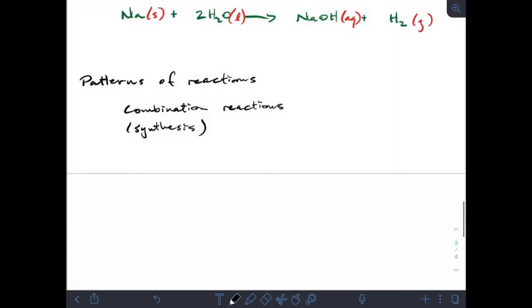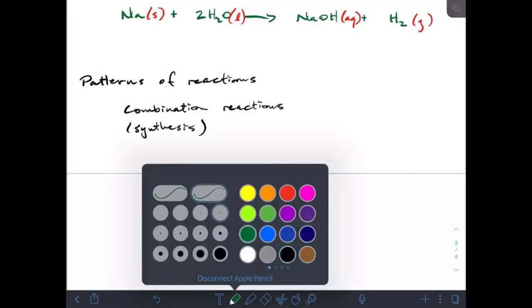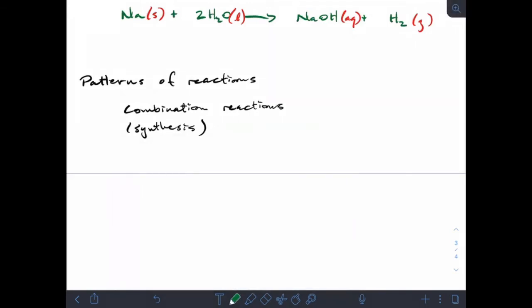To use generic chemical symbols, I can write a generic combination or synthesis reaction as A plus B makes some C. A and B come together to make a new component. To describe it in words, we're talking about 2 or more components combining to make something new.